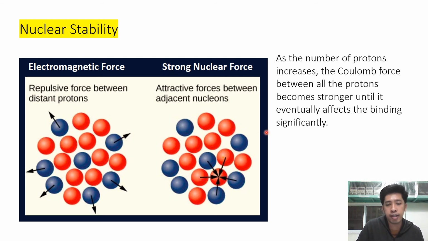So a stable nucleus does not want more protons because of the repulsive force between the protons, and if you have more protons, then your atomic nuclei may not be stable.